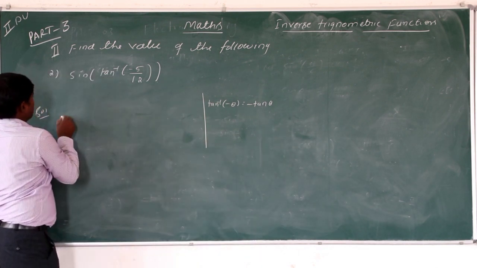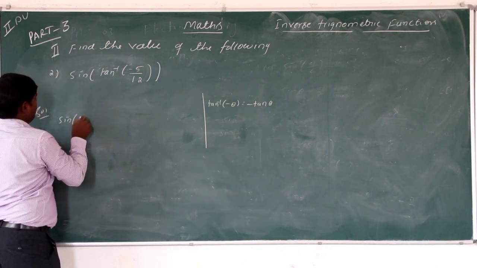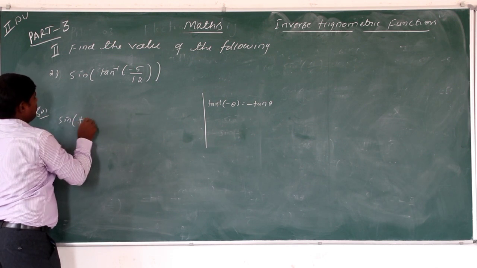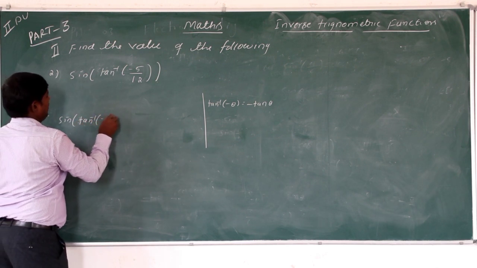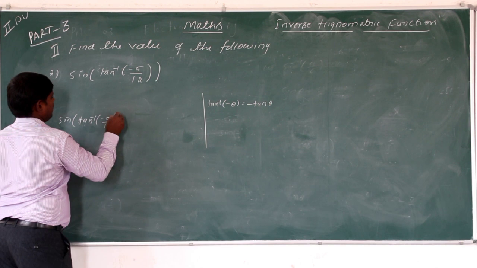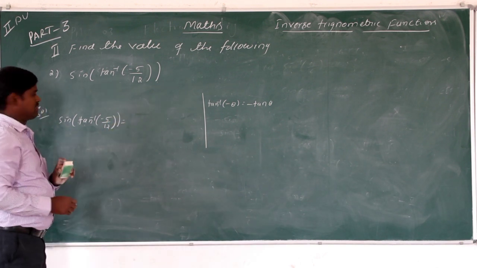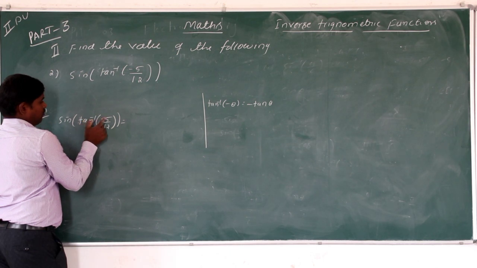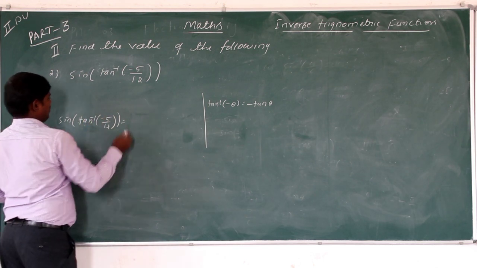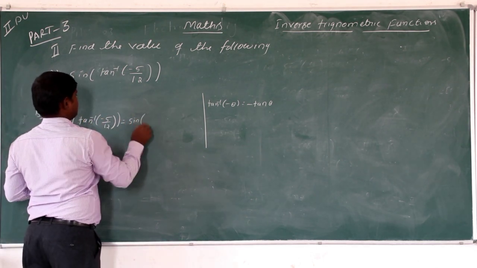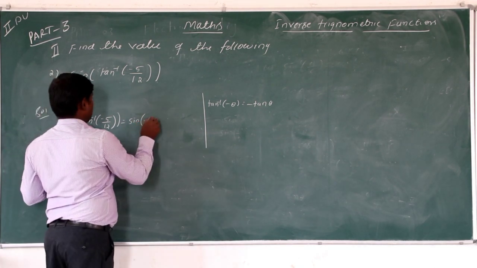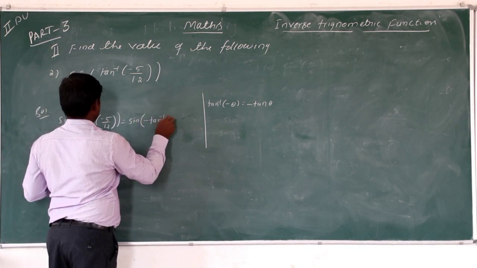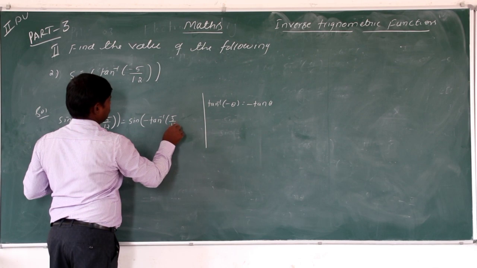So this can be written as sine of tan inverse of minus 5 by 12, which is sine of minus tan inverse of 5 by 12.